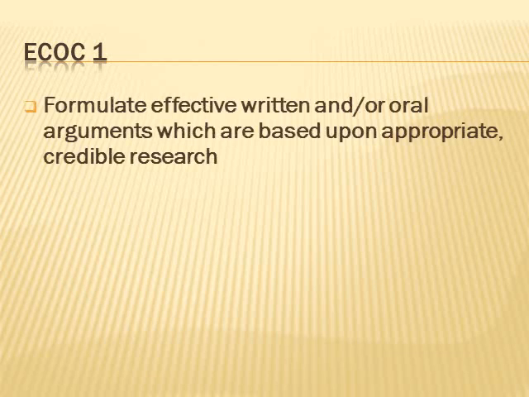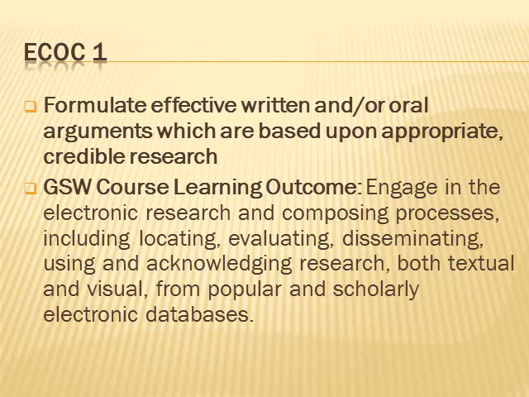ECOC 1 was to formulate effective written and/or oral arguments which are based upon appropriate credible research. In GSW, we were to engage in the electronic research and composing process, including locating, evaluating, disseminating, using, and acknowledging research.